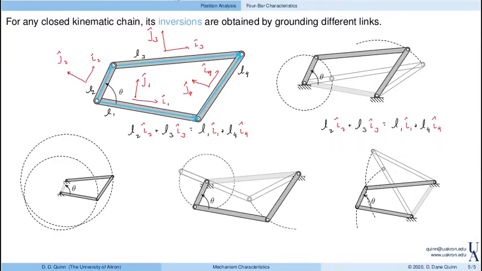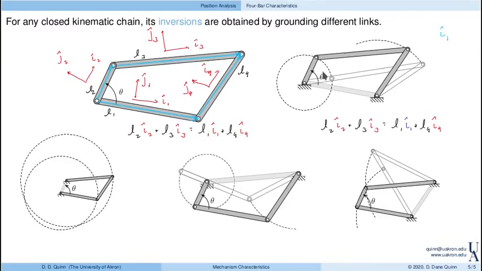Here, it's I1 that is known. All right, so this is the known direction. And then we have 3 variable directions. Choose one, solve for the other 2.